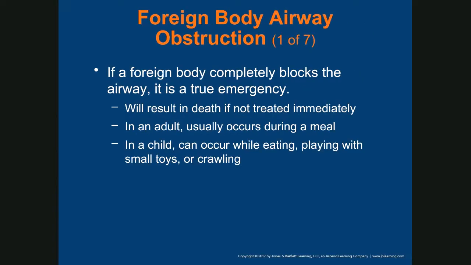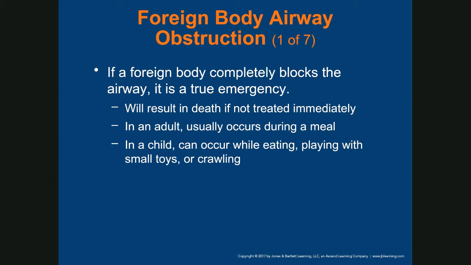All right, now foreign body airway obstruction, which is the last part of the airway chapter. This is really BLS, right? So you would follow BLS procedures. Not gonna go through this portion of the chapter because it's something that you will cover in your BLS course.